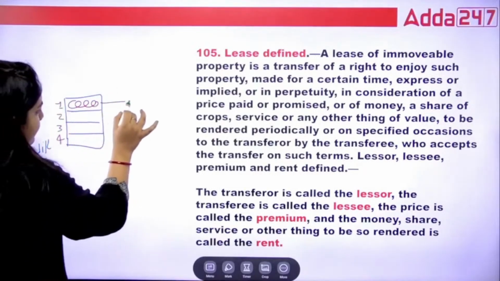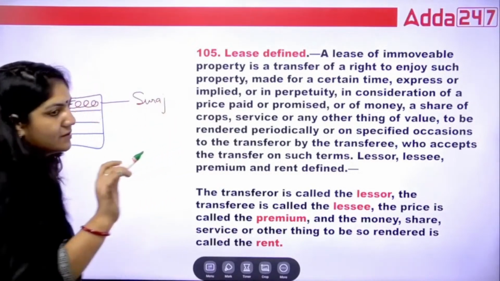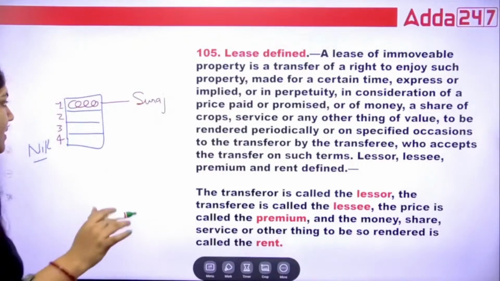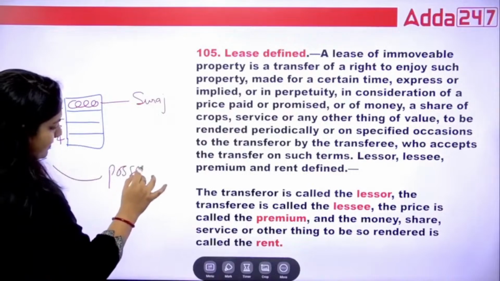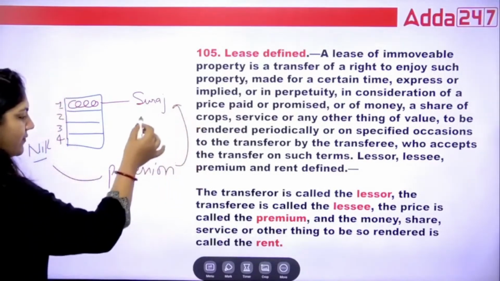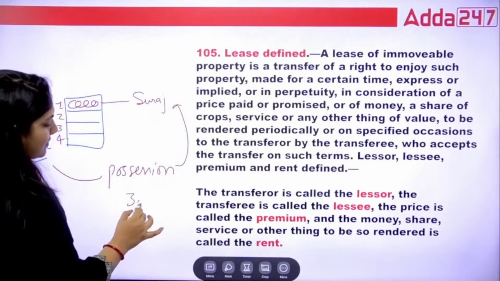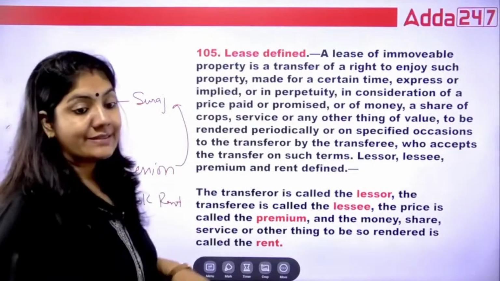Nikita ma'am has given this flat to Suraj sir just to stay. So Nikita ma'am has actually given possession to Suraj sir, and for that Suraj sir is giving, suppose, 30,000 as rent. So this is called lease.